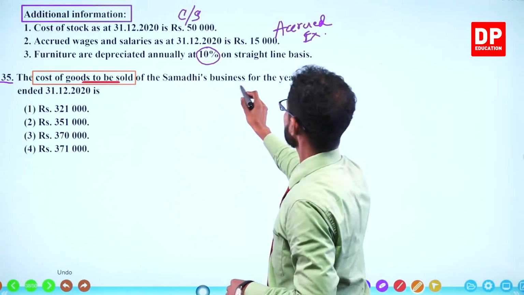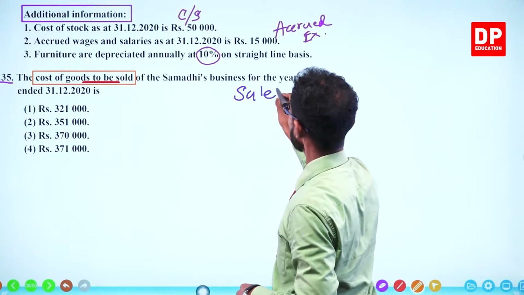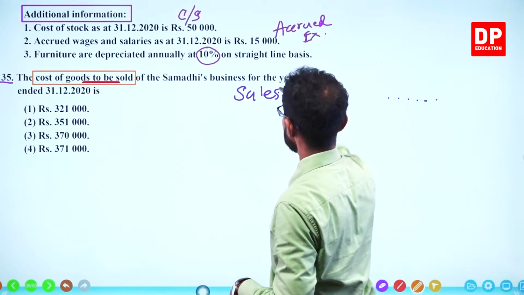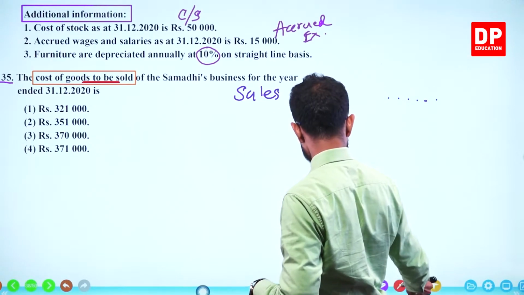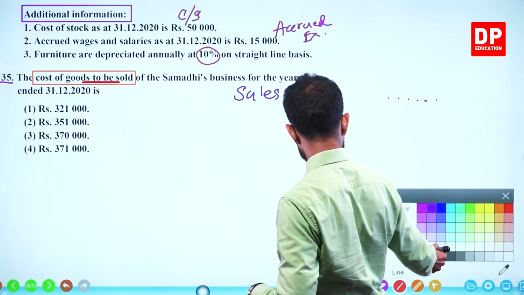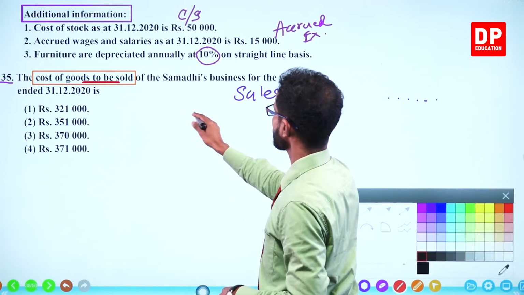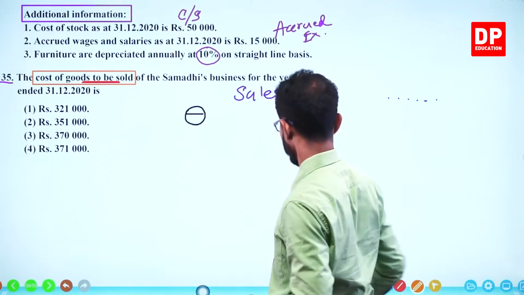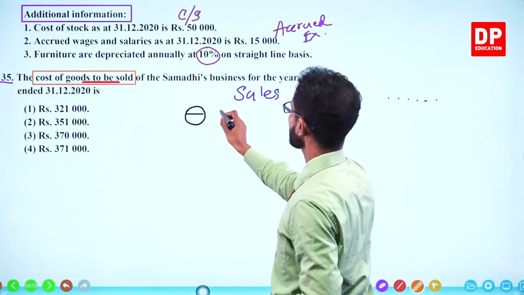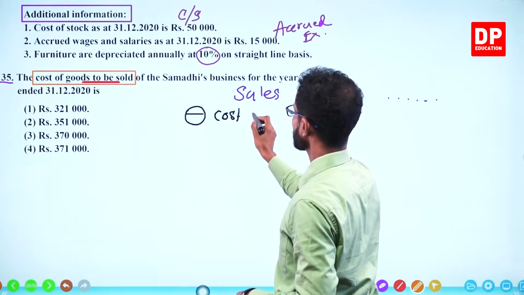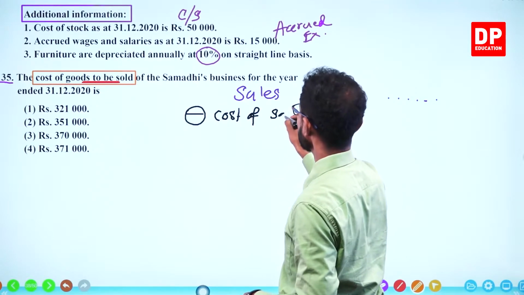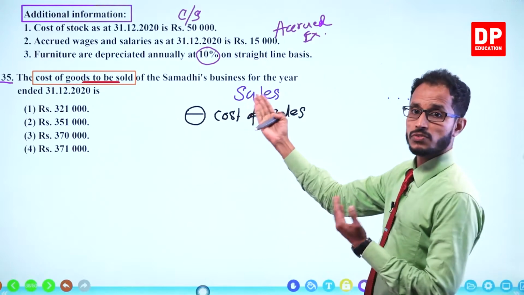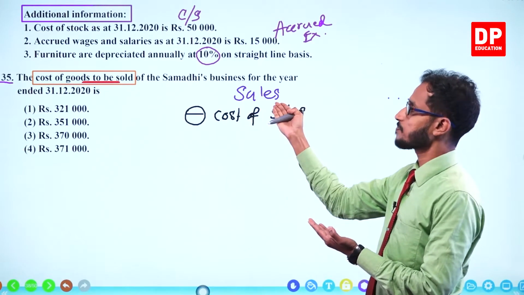If we get sales on top, then we should subtract cost of sales from sales.